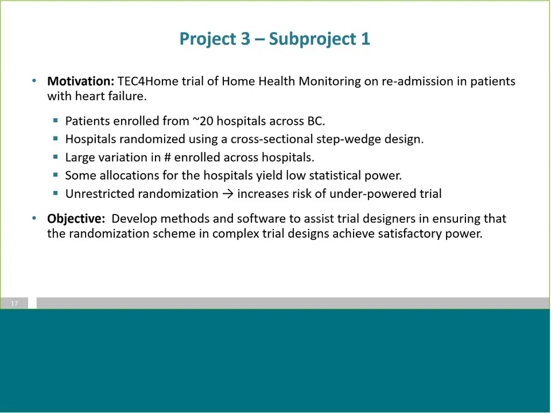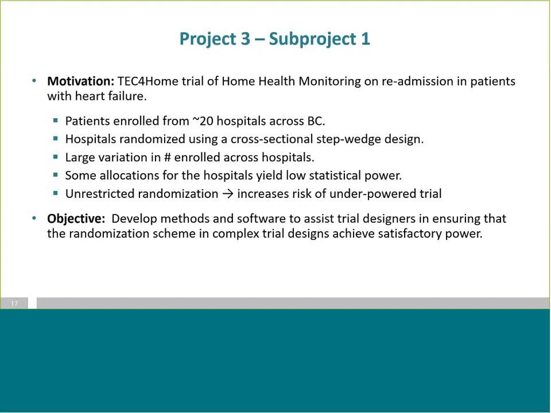we know that the number of patients is very different across hospitals in BC. There's a few very large hospitals, some medium-sized hospitals, and a lot of small hospitals where we probably won't be enrolling that many patients. And it turns out that if you just do your randomization without any restriction, so any hospital can end up in any transition step, then you could end up with an allocation which is very inefficient.